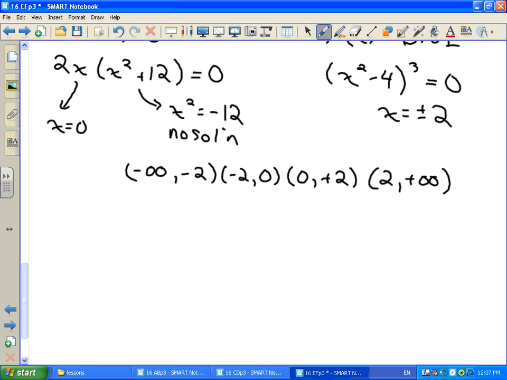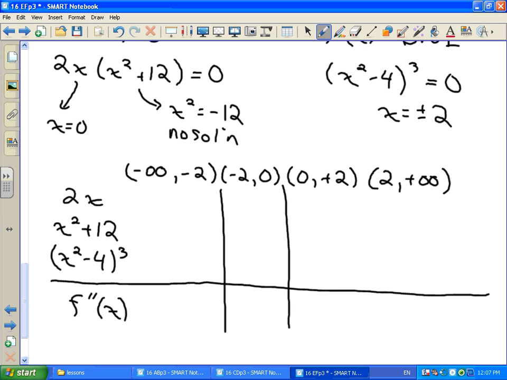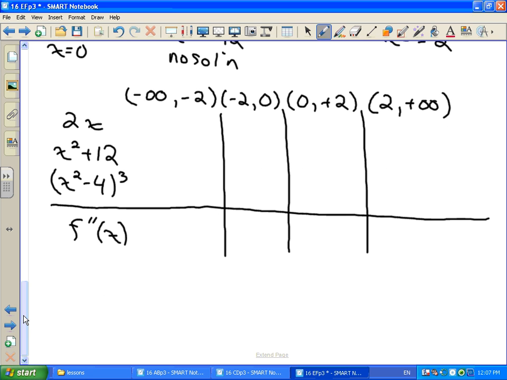And again, we are checking the sign of the second derivative. So I've got a 2x, I've got an x squared plus 12, and I've got my denominator, (x squared minus 4) all cubed. And I want to figure out what my second derivative is doing. So let's see.